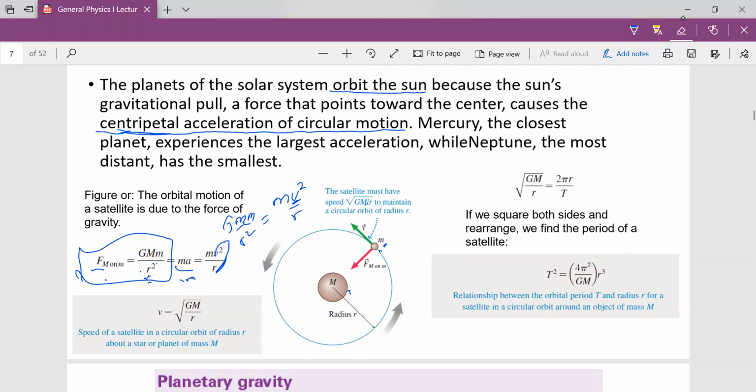But there's an r here, so this r will take care of one r. This m will take care of the small m. So the big M will remain, with G. Remember, it is V squared, so take the square root, you have V equal to the square root of GM over r. So that is how we arrived at this.